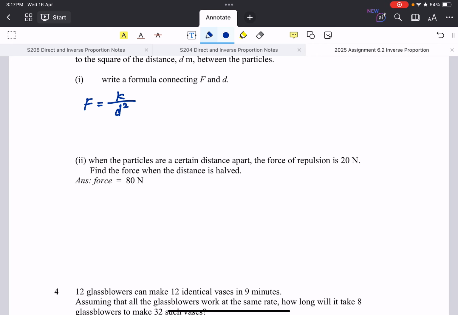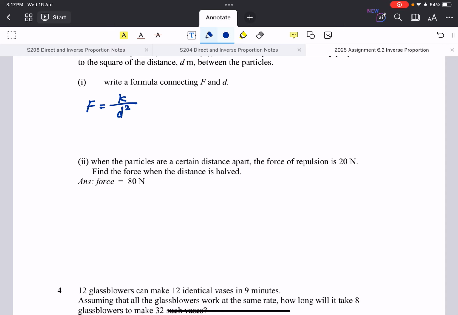So the new D is D over 2. So the new F is going to be k over (D over 2) squared, which is equal to 4k over D squared, which is equal to 4F.